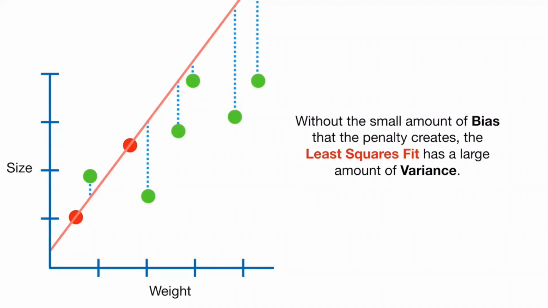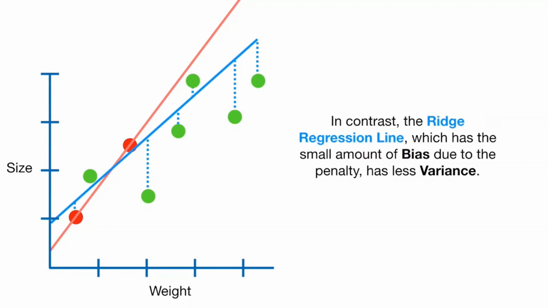If we don't have any small amount of bias, it will probably not penalize the data points. When we added ridge regression, it introduces a small bias, and due to the penalty, it has less variance.